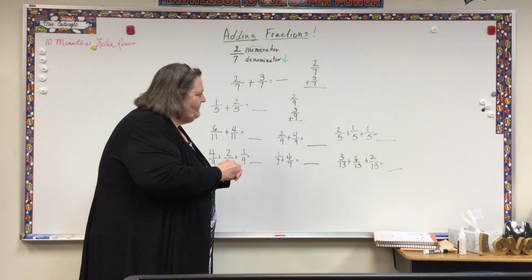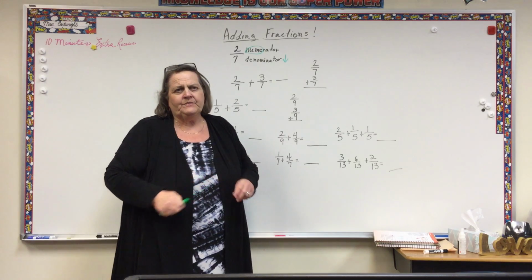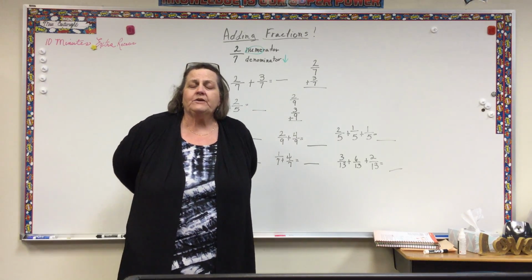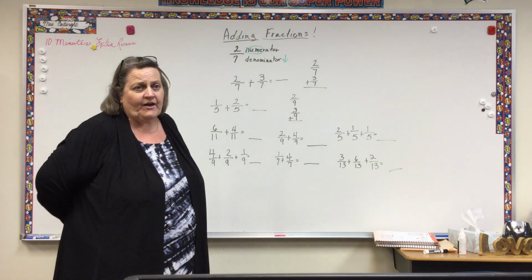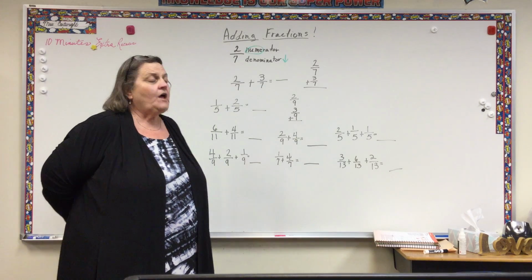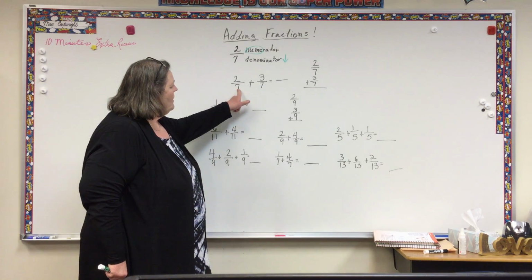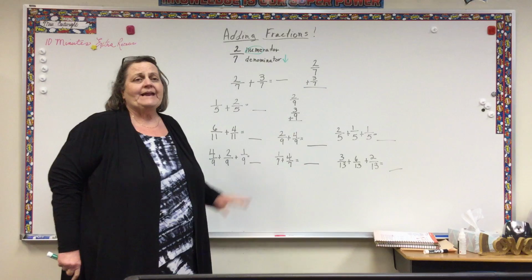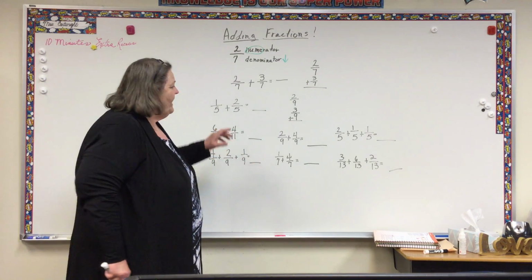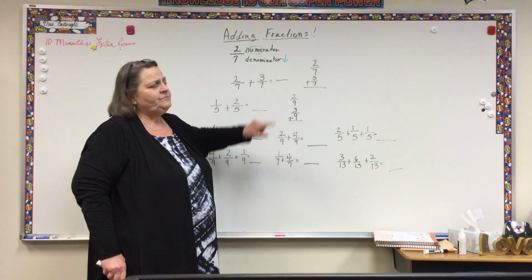So when we begin adding fractions, the only way you can add a fraction is if the denominators are the same. So as long as the denominators are the same, you can add or subtract them, okay? So all we're concerned about is, are these the same?